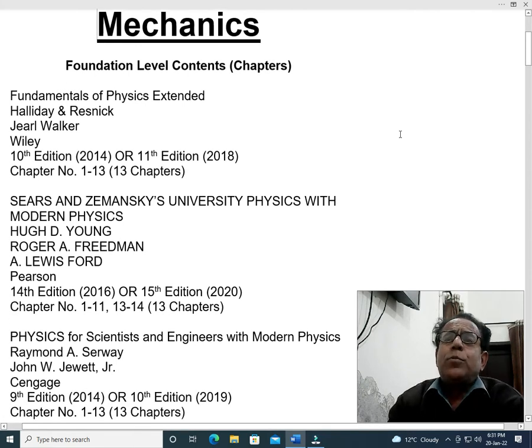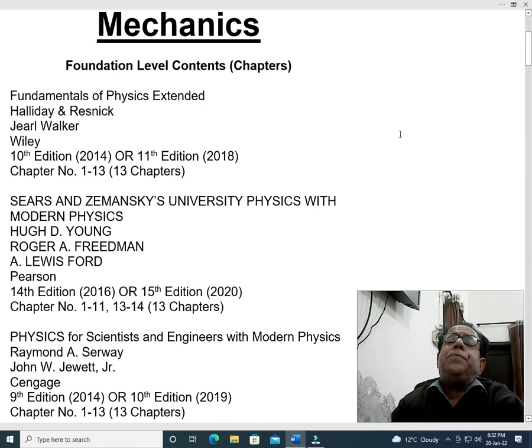So dear students, the first general physics book is Fundamentals of Physics Extended, Halliday and Resnick, Jearl Walker, publisher is Wiley, and its 10th edition 2014 or 11th edition 2018 will be followed. In this book, the first 13 chapters will be studied, which are relevant to mechanics.